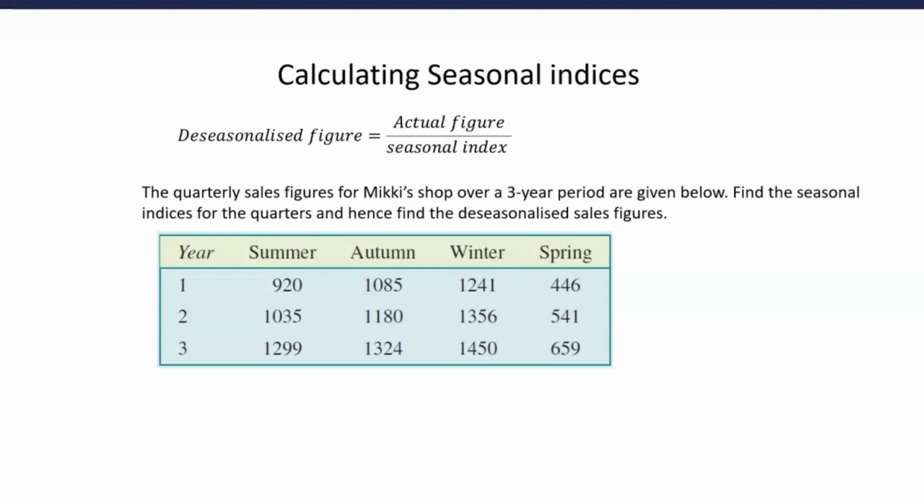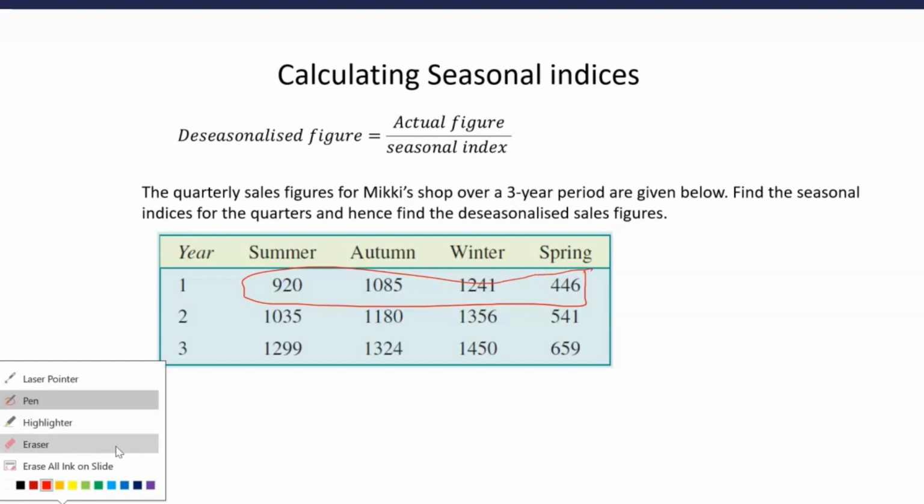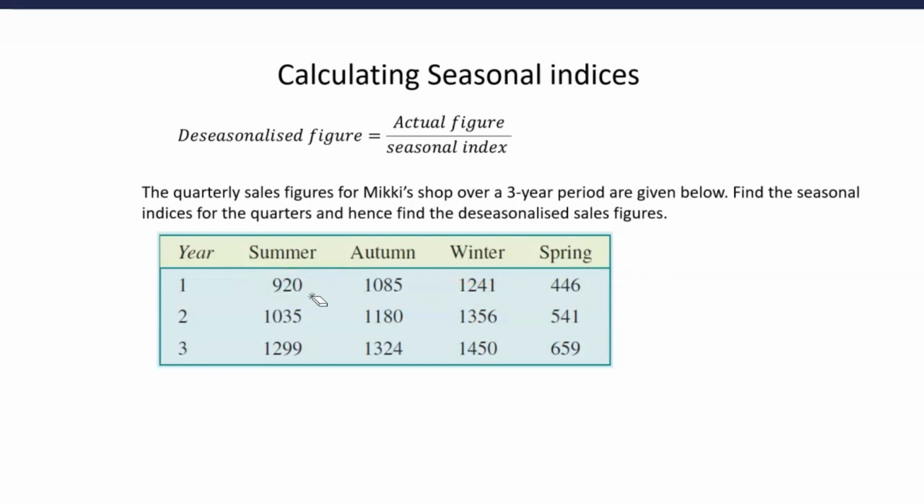This example is from the Cambridge textbook, and since it involves 3 years and each season, we need to make sure we get the seasonal indices for each year, and from there on we average all the seasons.